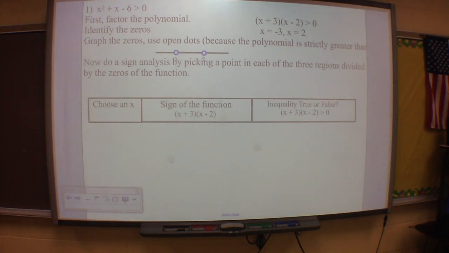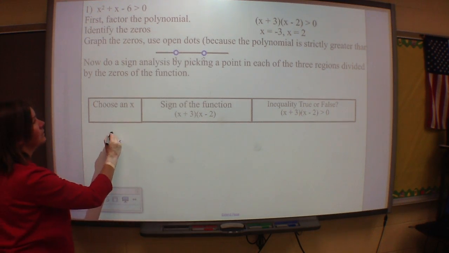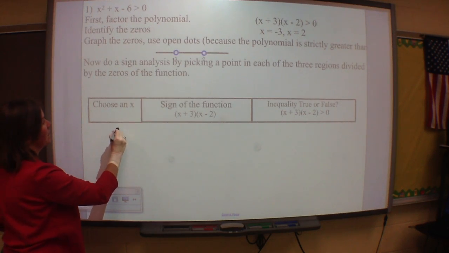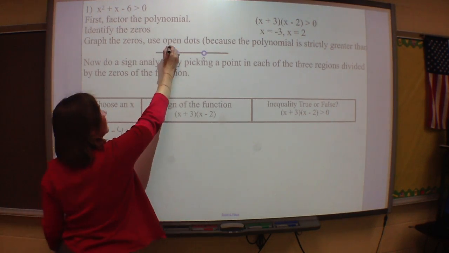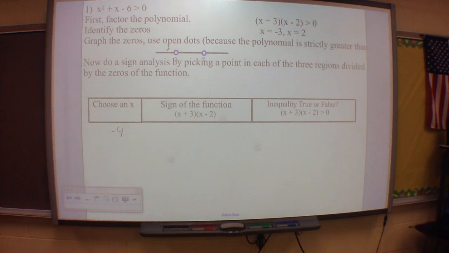Now that number line is divided into three parts. They're not equal, but three parts. We are going to check any number in each part. So pick any number that is less than negative 3. Let's say negative 4, because negative 4 is less than negative 3.